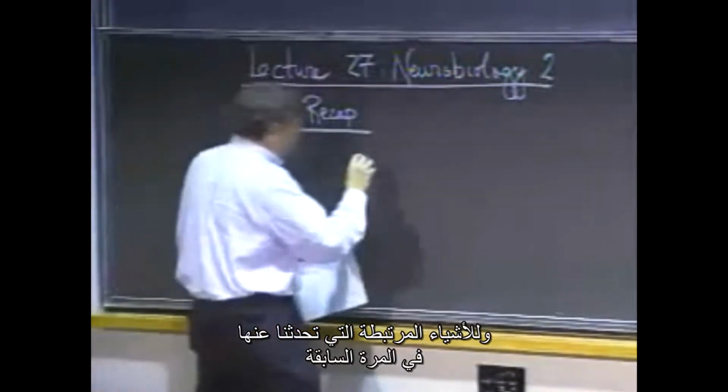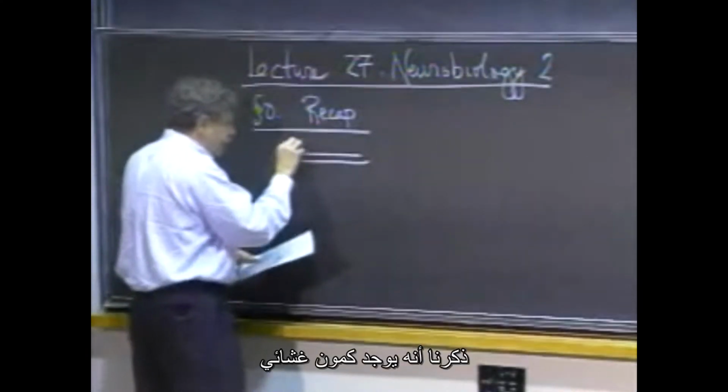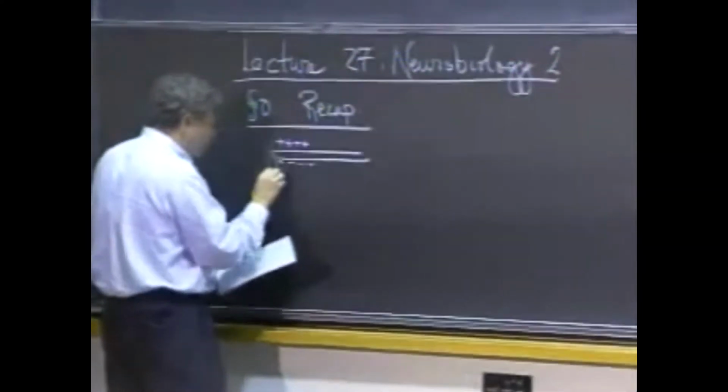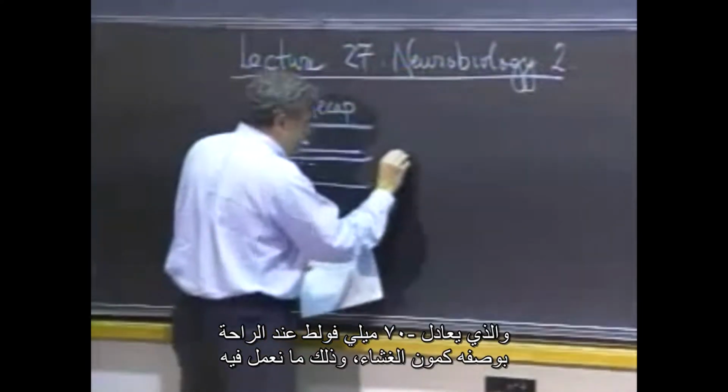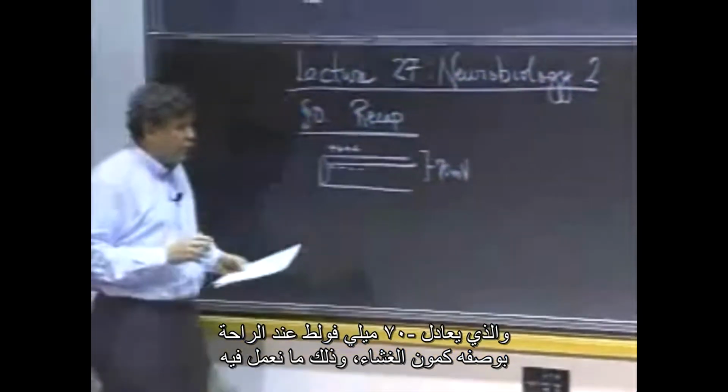The relevant things that we said last time was there's a membrane potential, which at rest is about minus 70 millivolts, and that's what we work with.